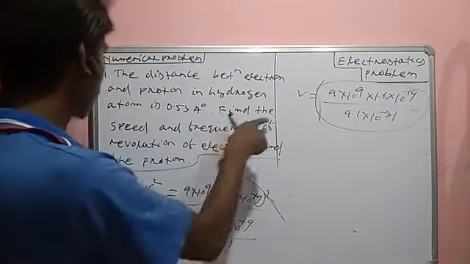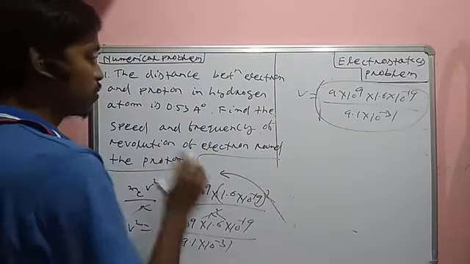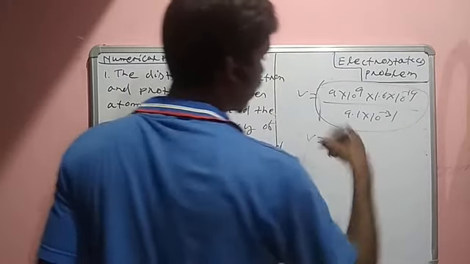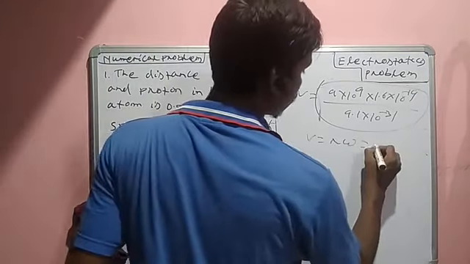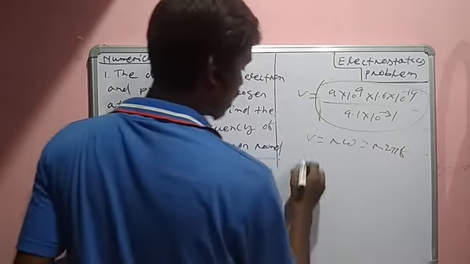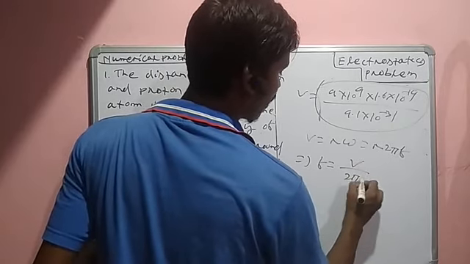Next question: find the frequency of the revolution. We have already known v is equal to r omega, and omega is equal to 2 pi f. That means here f is equal to v by 2 pi r.